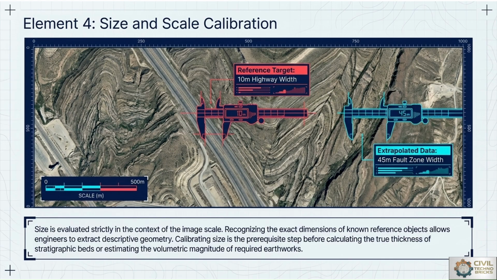Calibrating size is the prerequisite or initial step before calculating the true thickness of stratigraphic beds or the depth of rock beds, or estimating the volumetric magnitude of required earthworks. With reference to the size and scale, we check the actual depth, height, or the pattern based on some extrapolated data, reference data, or any related data.